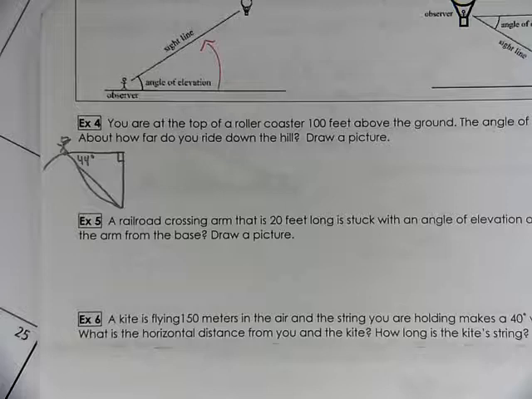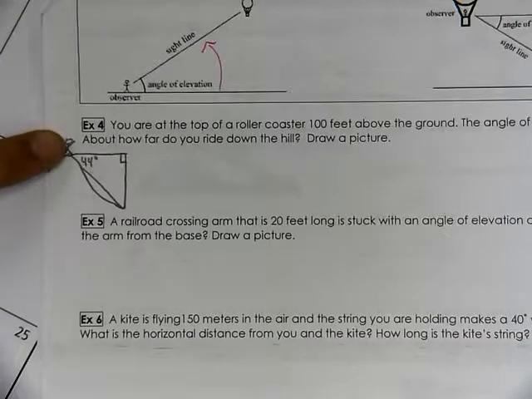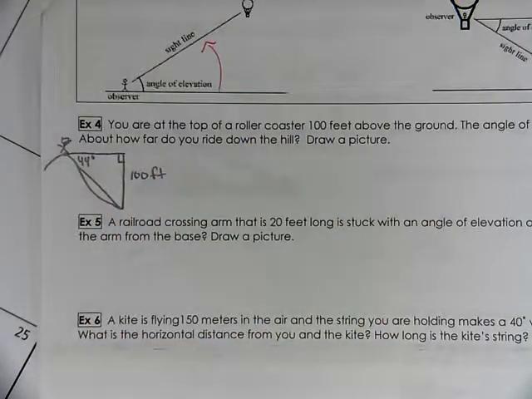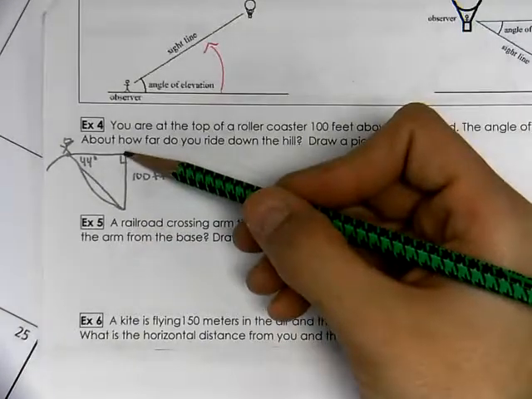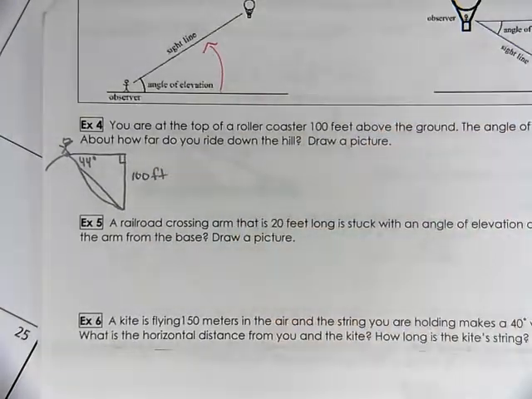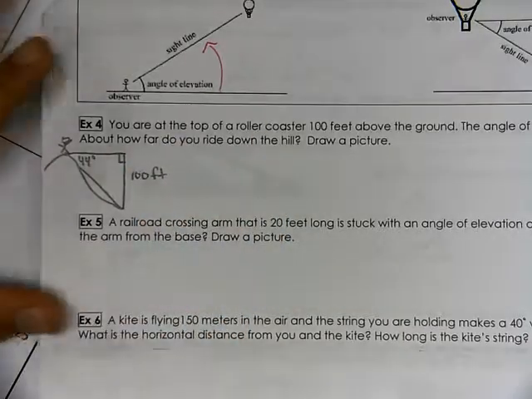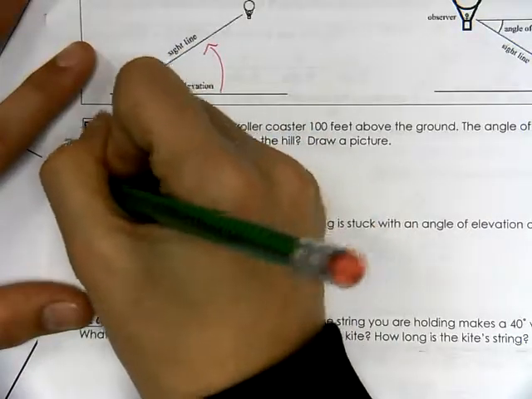When you do an angle of depression problem, the triangle kind of flips, so just be careful. The top of the roller coaster is 100 feet above the ground, so I'm going to put the 100 feet right here, because we're 100 feet above the ground. Does that make sense? Okay. We want to figure out how far down the hill we're going to ride, so our x is over here.